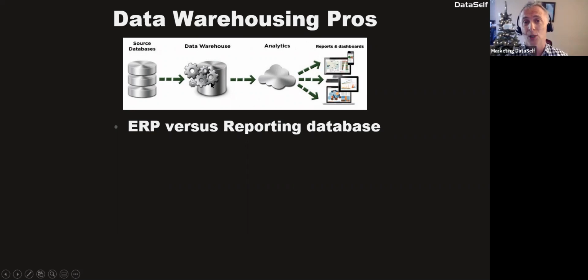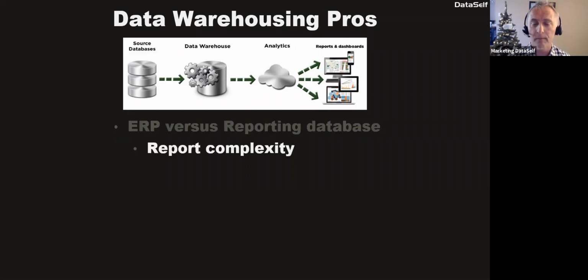It's a database with the only purpose of supporting the decision-making process. So that's a very high-level reason why it's hard to report out of your ERP, like X3, and why a data warehouse is easier. So report complexity, you can address by making the data warehouse easier, faster, simpler for users.